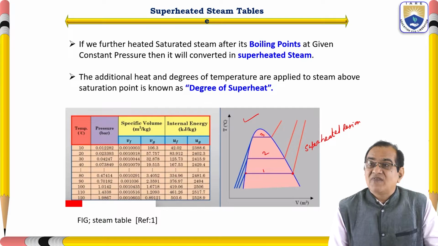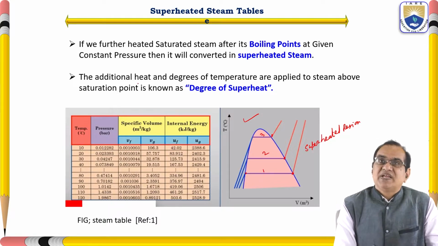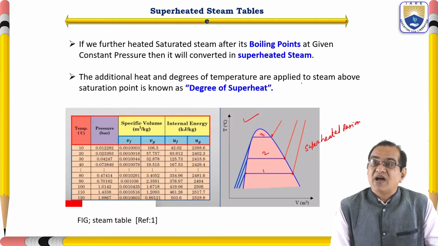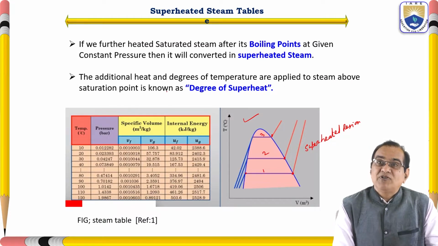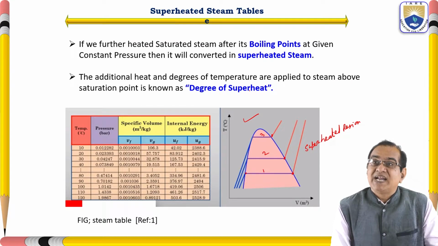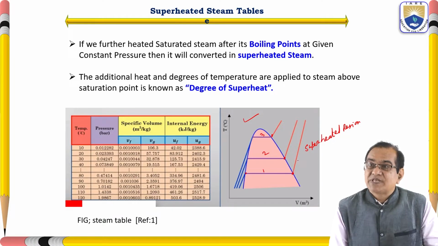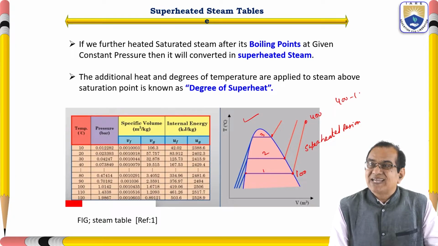So from here onwards, this becomes superheated steam. The additional heat, the degrees of temperature applied to steam above the saturation point, is known as the degree of superheat. Suppose this is 100 and here you have 400. Then 400 minus 100 is equal to 300, which is the degree of superheat.